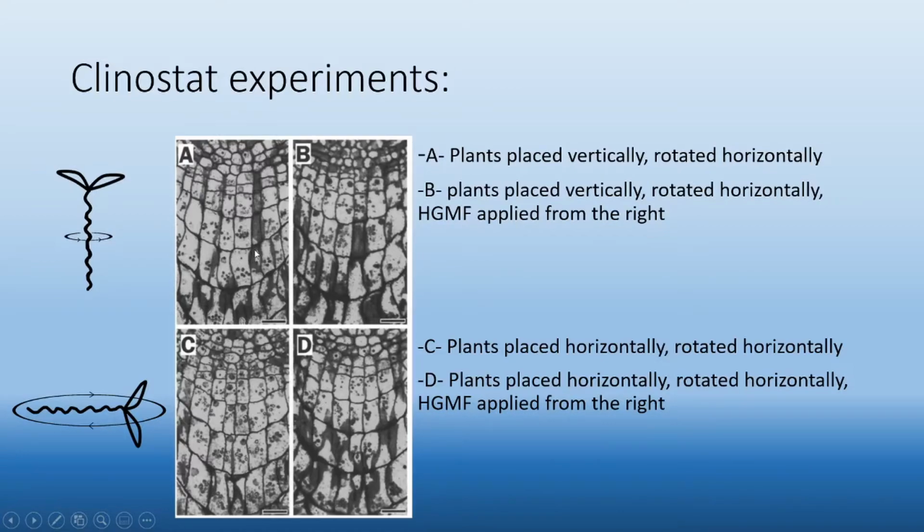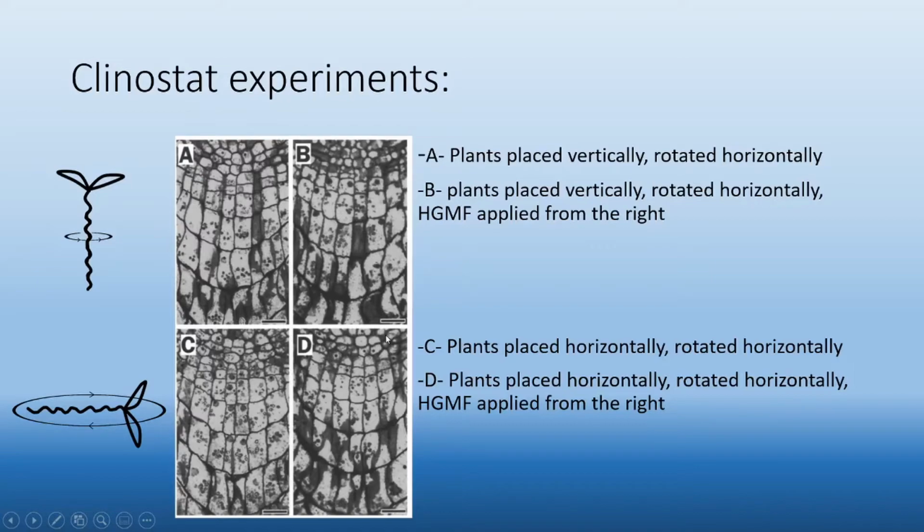So they're not sedimenting as they usually would. That means that they're more susceptible to this magnetic field. And you can see this borne out in the experiment. The HGMF is pushing all of these amyloplasts to the left side. Of course, this is more dramatic on the right side of the plant where the magnetic field is coming from.